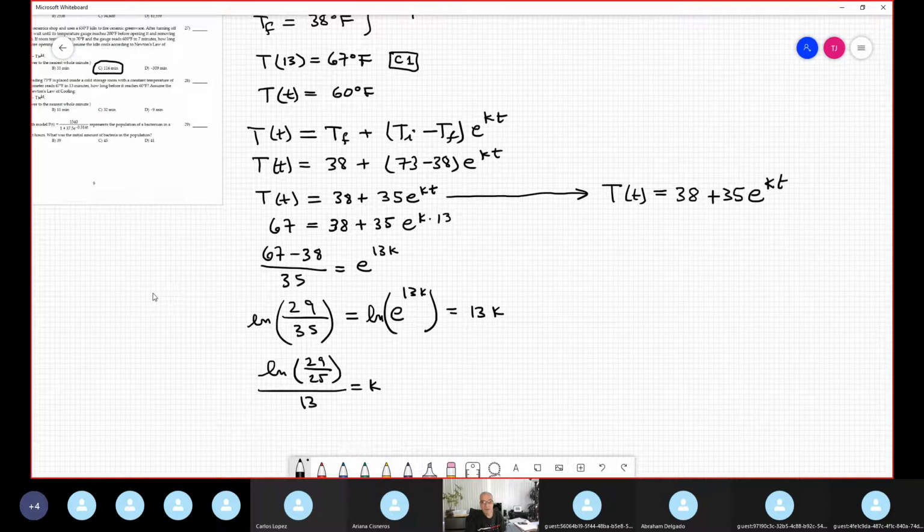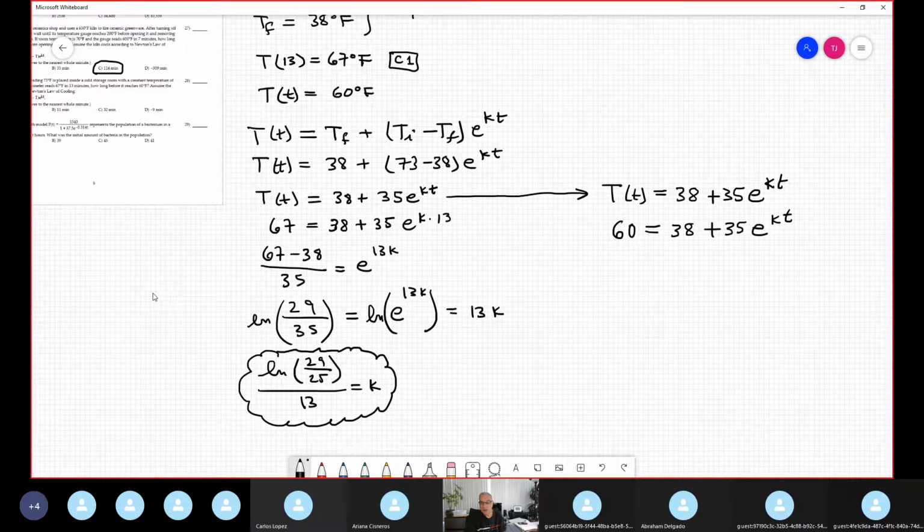But in that case, I have k is this value. Okay, no problem. But the temperature is given, 60. And the time I don't know. I need to compute that.